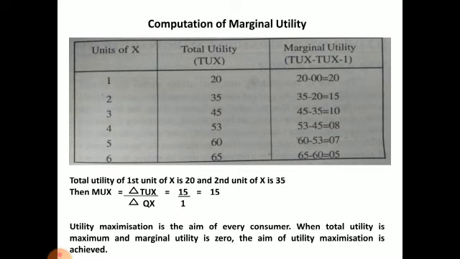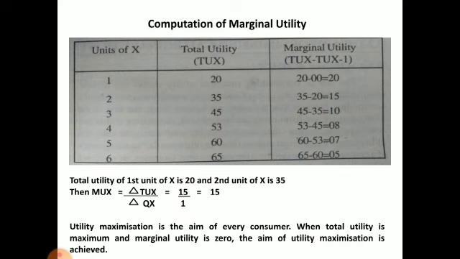When the consumer goes in for the consumption of an additional unit, namely the second unit, the total utility derived becomes 35. So in the first unit of consumption, marginal utility is 20. In the second unit of consumption, how do we calculate the marginal utility?